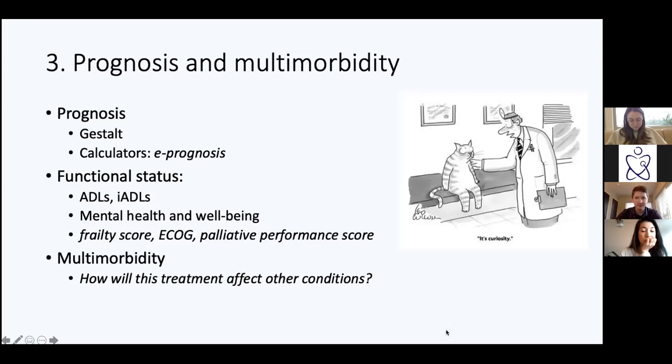Then thinking about somebody's functional status and their mental health and well-being. There are some scoring systems for this as well: frailty score, ECOG, palliative performance score. And then thinking about how any given treatment will affect other conditions in a multimorbid patient.